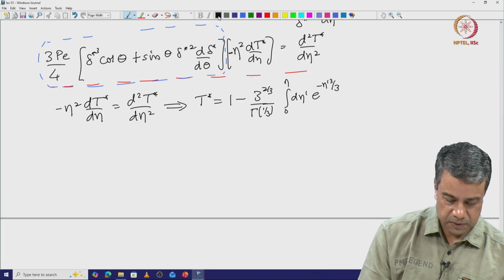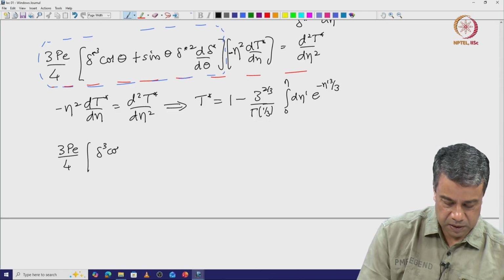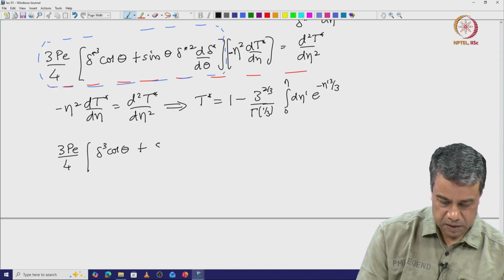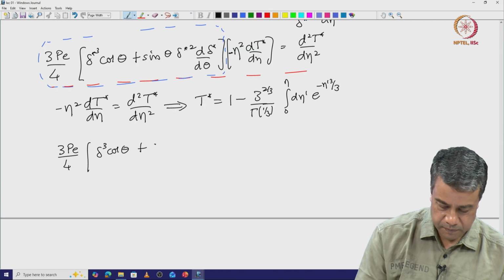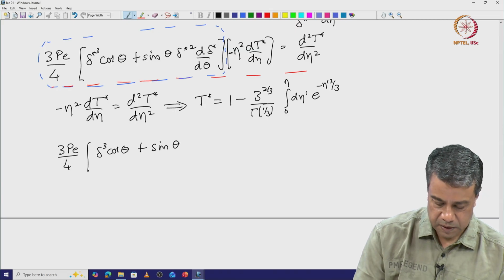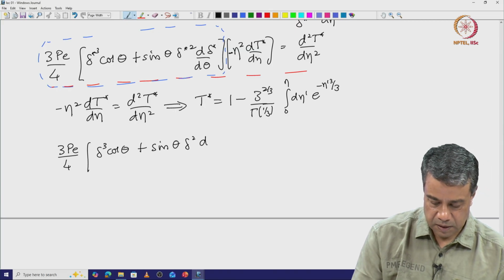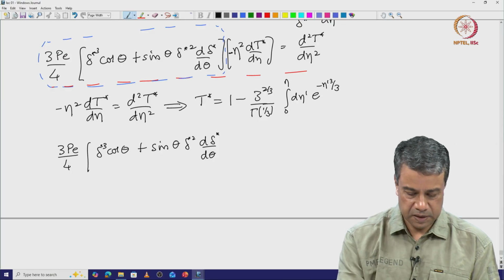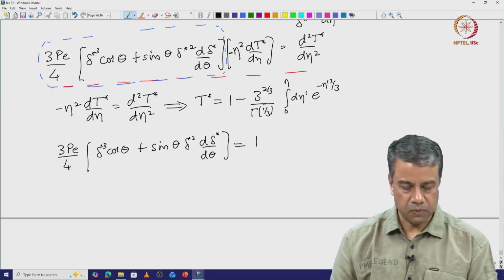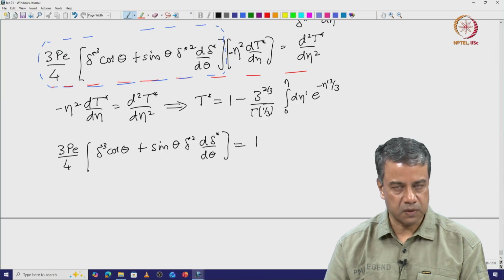The equation for this is 3 Pe by 4 into delta cubed cos theta plus sin theta delta squared d delta by d theta. Deltas should all have stars because they are scaled. This is equal to 1.